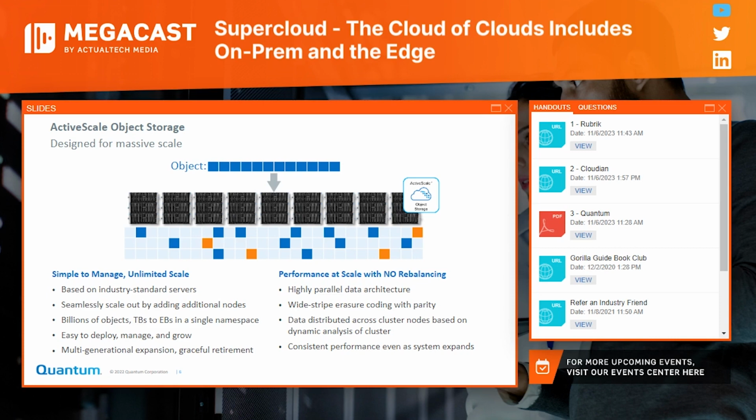In contrast, ActiveScale is really targeted at providing performance at scale with no rebalancing, and really provides a very dynamic resource for organizations as they grow over time. Next slide.